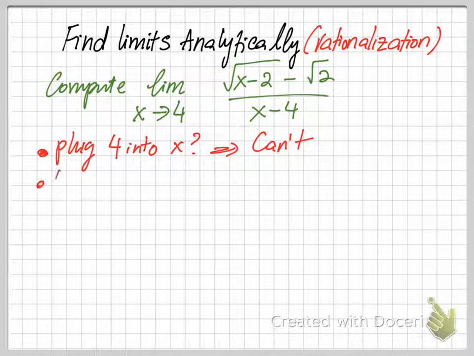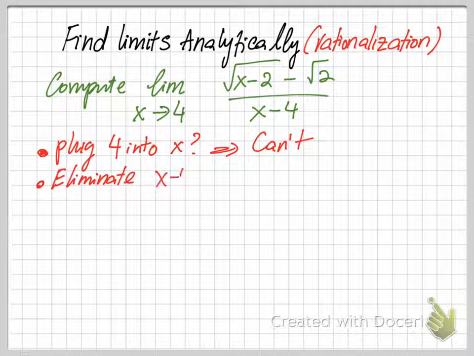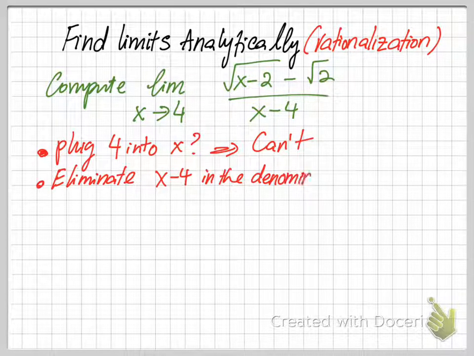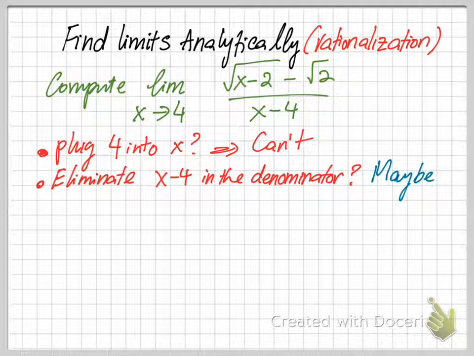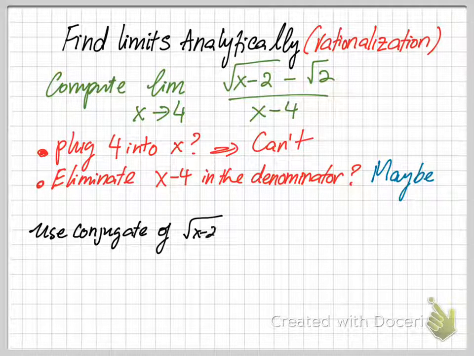Maybe you can try to eliminate x minus 4 in the denominator by using factoring? No, you cannot use factoring. But since you have a radical term, you would think about using its conjugate.